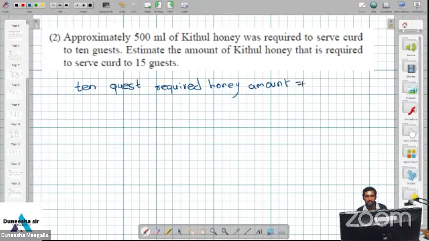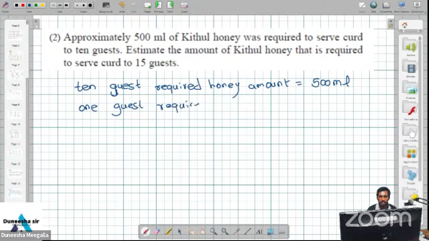How many milliliters of Ketul honey? 500 milliliters. Then can you tell me for one guest? One guest requires what honey amount? Can you tell me?